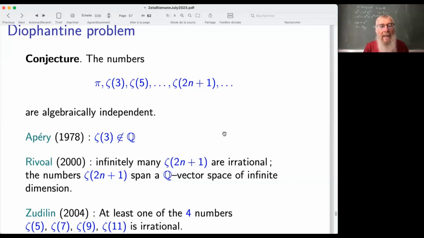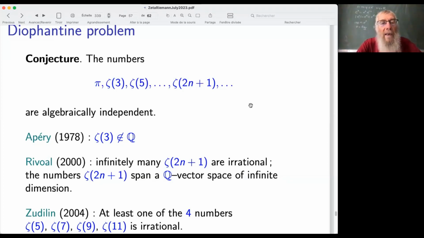What is expected is that there is no formula similar to the fact that zeta of 2n divided by pi to the 2n is a rational number. The conjecture, and there are several reasons to make this conjecture, is that if you take any polynomial with rational coefficients in pi, zeta of 3, zeta of 5, zeta of 2n plus 1, then if the polynomial is not 0, the polynomial will not vanish at this point.